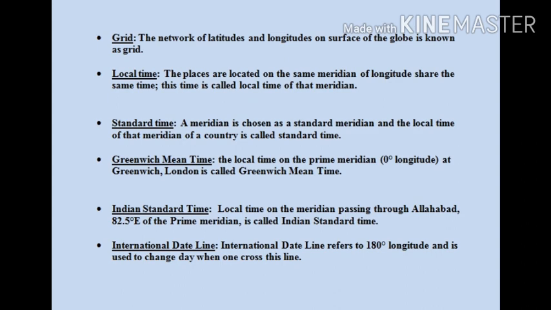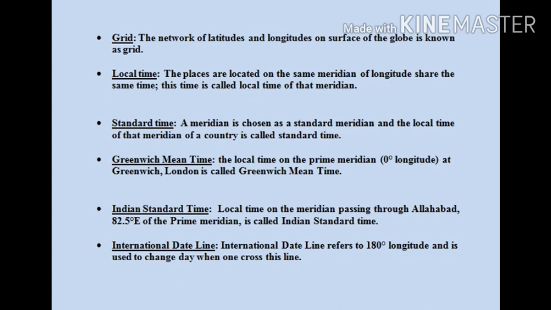Then we learn about Indian Standard Time. So the local time on the meridian which is passing through Allahabad, 82 and half degree east of prime meridian is called Indian Standard Time.